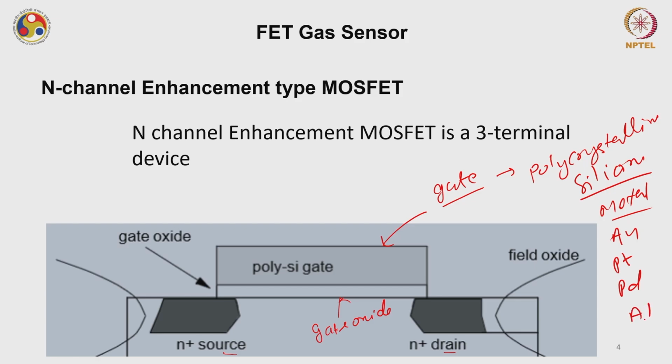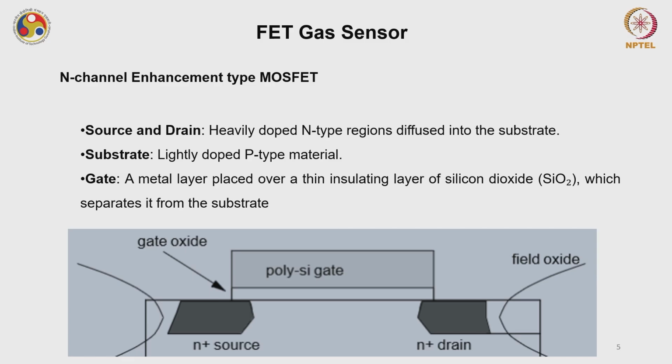Even cheaper FETs have aluminum as the gate material. This is a 3-terminal device, but sometimes if you consider the effect of the substrate, you have another terminal called the body, so it is sometimes considered a 4-terminal device. For this course we are considering it as a 3-terminal device itself.